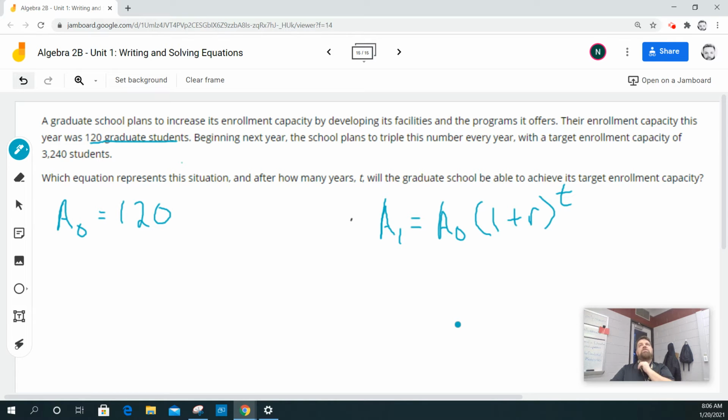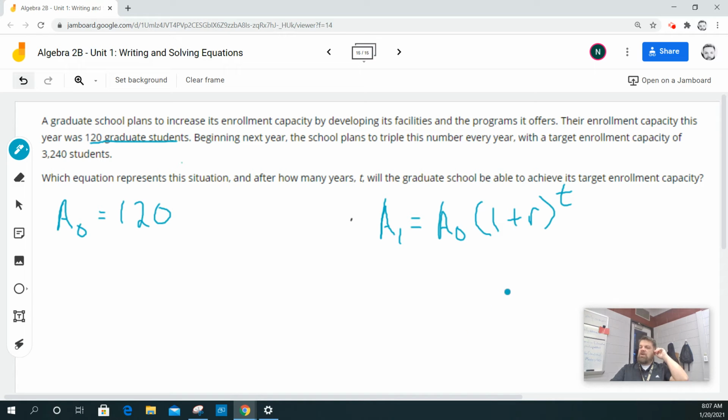Well, when you triple something, you're increasing it by 200%. So if I start with one baseball and I triple that, I'm multiplying it by 3, but really I'm adding 2 to it. And then I do the same thing again, right?